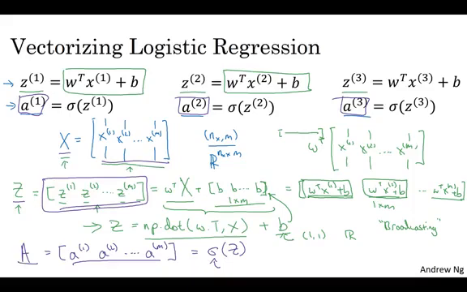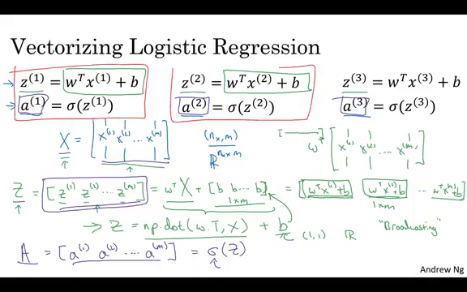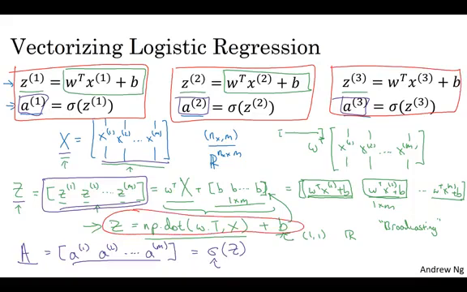So just to recap, what we've seen on this slide is that instead of needing to loop over m training examples to compute lowercase z and lowercase a one at a time, you can implement this one line of code to compute all the z's at the same time, and then this one line of code, with appropriate implementation of the sigmoid, to compute all the lowercase a's all at the same time.